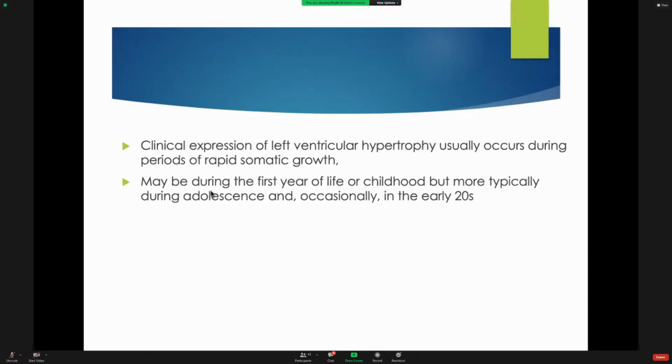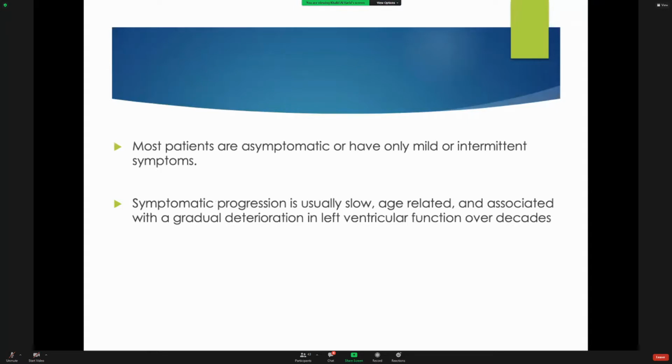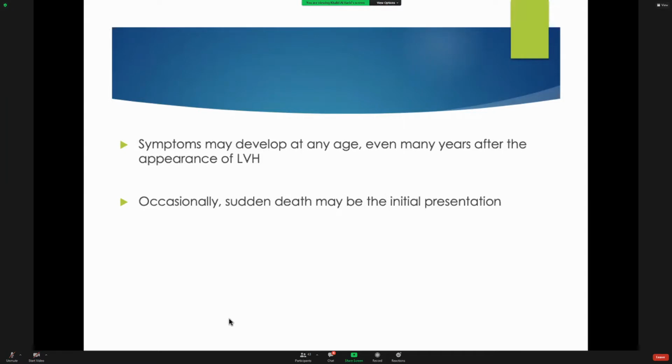Hypertrophic cardiomyopathy may appear during the first year of life or childhood, but more typically during adolescence, because we screen those patients in adolescence, especially in the early twenties. Most patients will be asymptomatic or only have mild intermittent symptoms.